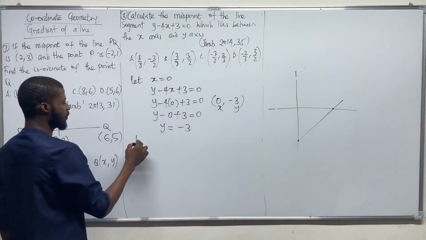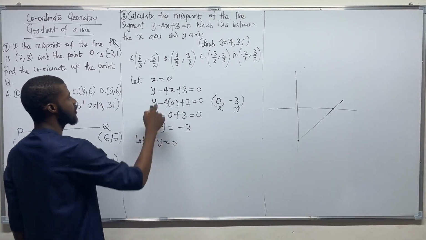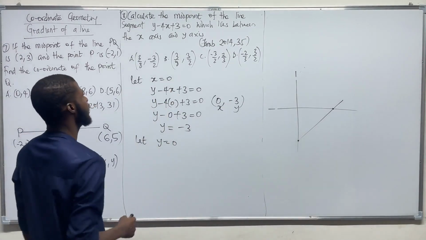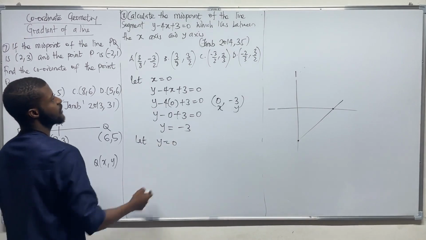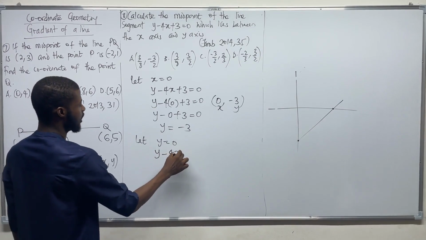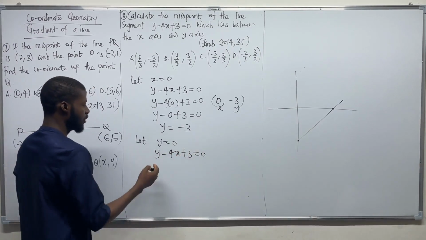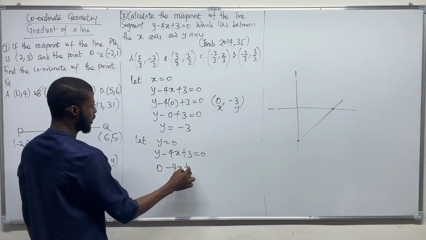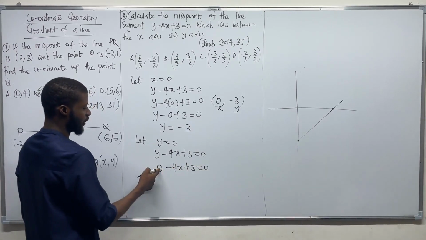The next thing we're going to do is to say let y become 0. Since we've said let x become 0, y should be the one that's going to become 0 next. So we have our equation y minus 4x plus 3 equal to 0. So this is y, which is now 0, minus 4x plus 3 equal to 0. 0 is nothing.